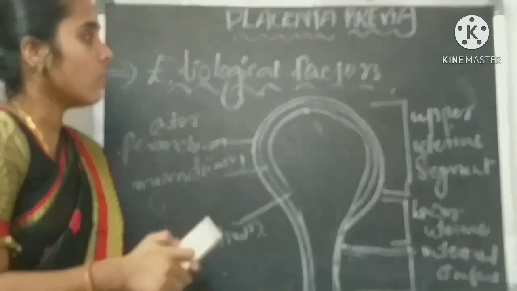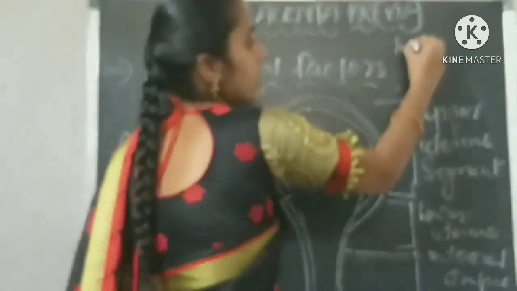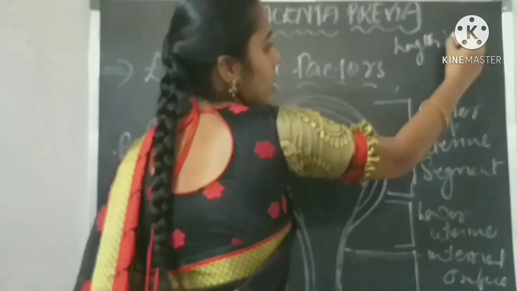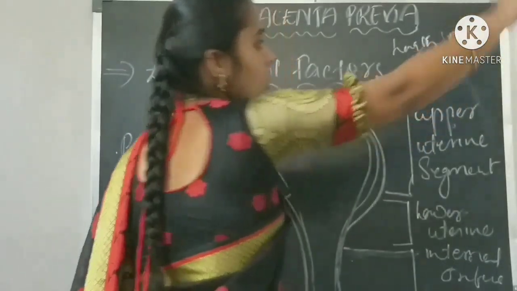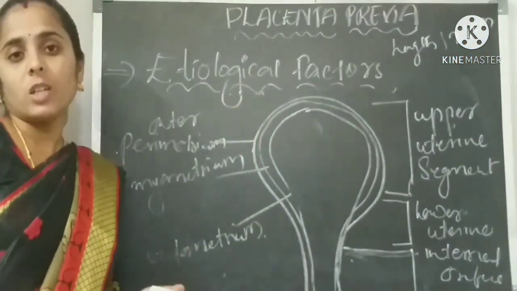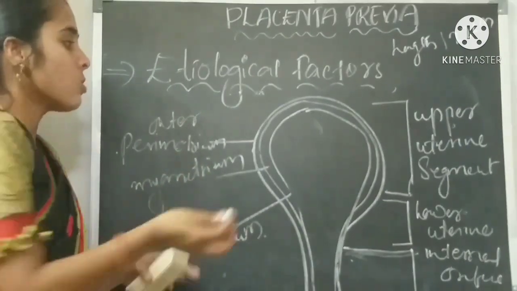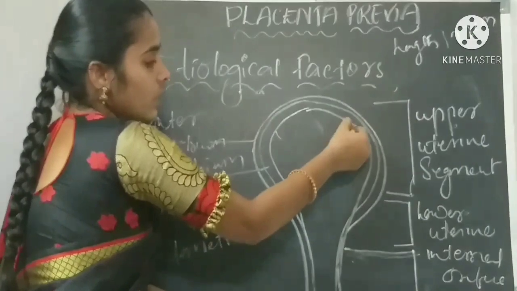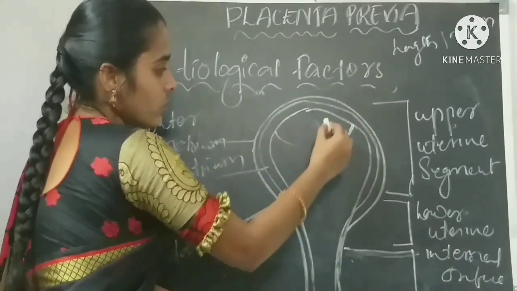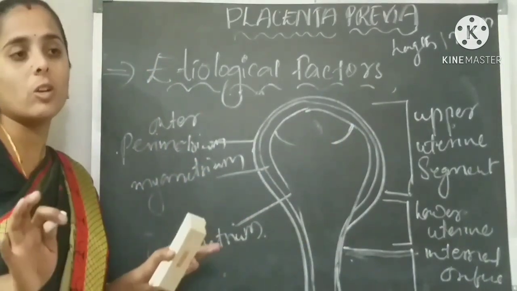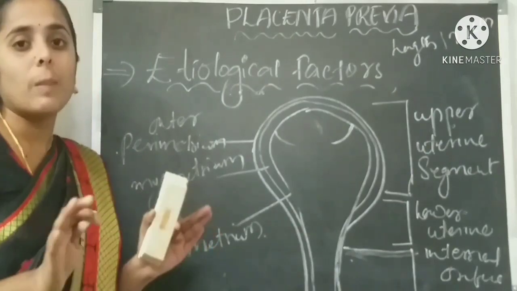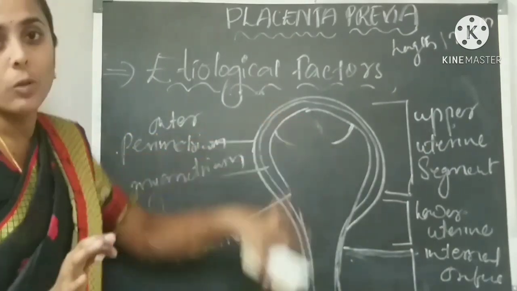The length of the placenta is 22 centimeter. If it is more than 22 centimeter, the surface of the uterus will not be sufficient for the placenta to fit inside the uterus.